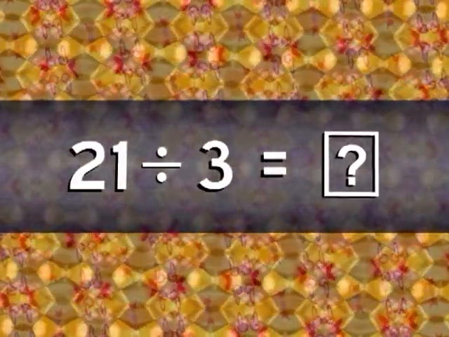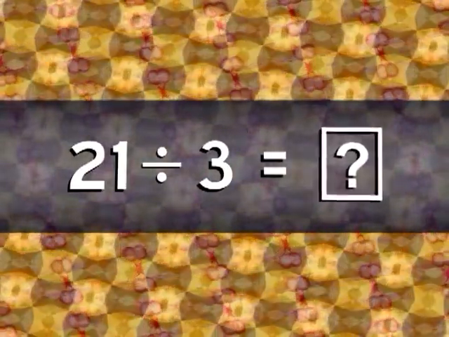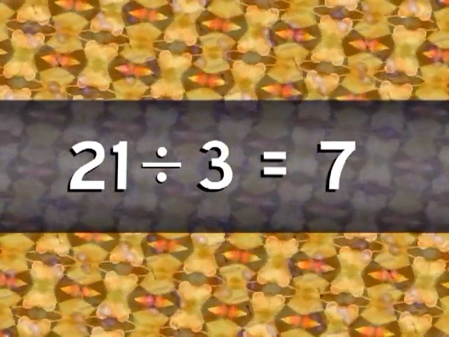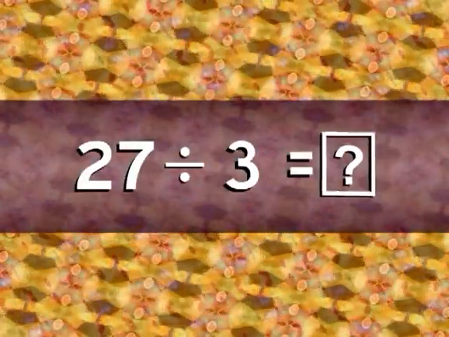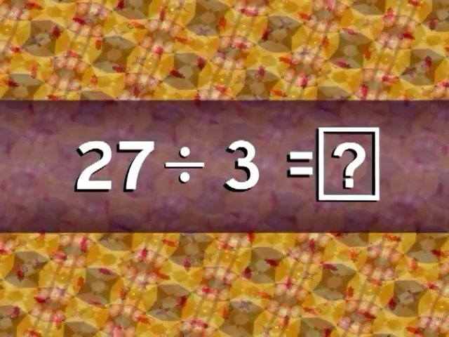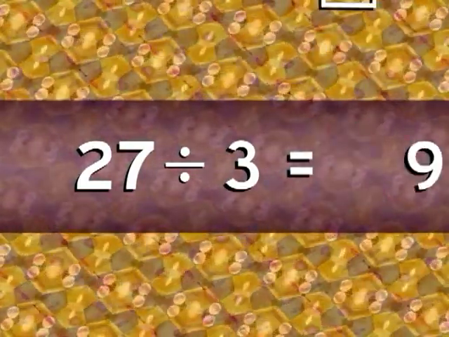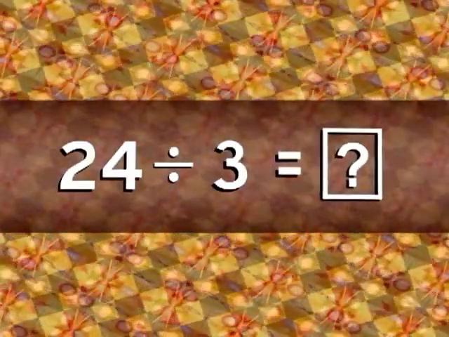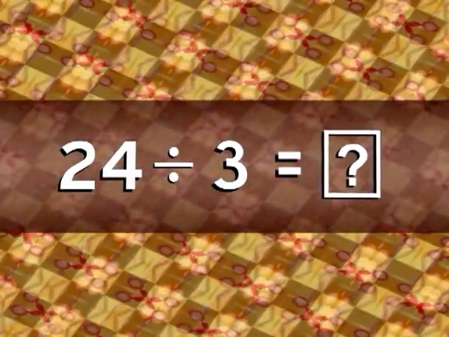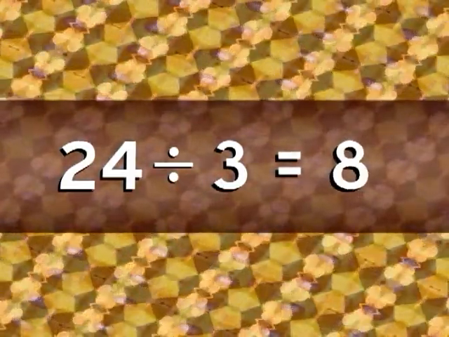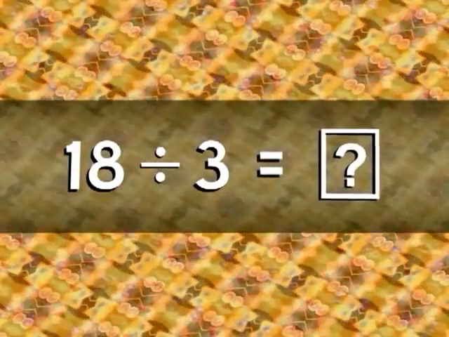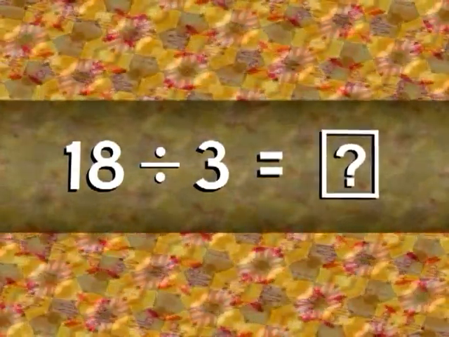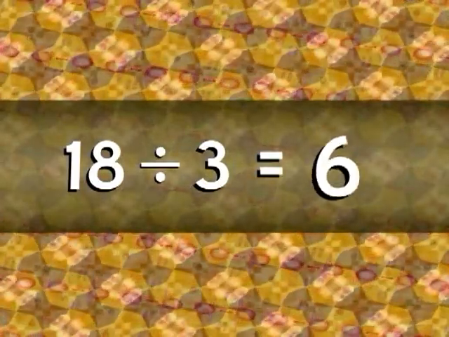Cause here we go another time, it's a breeze. 21 divided by 3 is 7. 27 divided by 3 is 9. 24 divided by 3 is 8. 18 divided by 3 is 6.